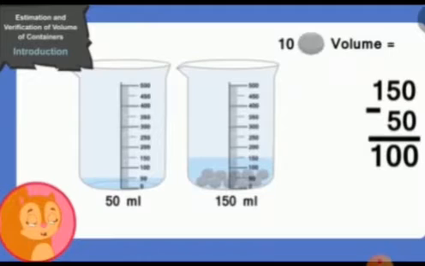So, the volume of 10 bottle caps is equal to 150 minus 50, which is equal to 100 ml. Means the volume of 10 bottle caps is equal to 100 ml.